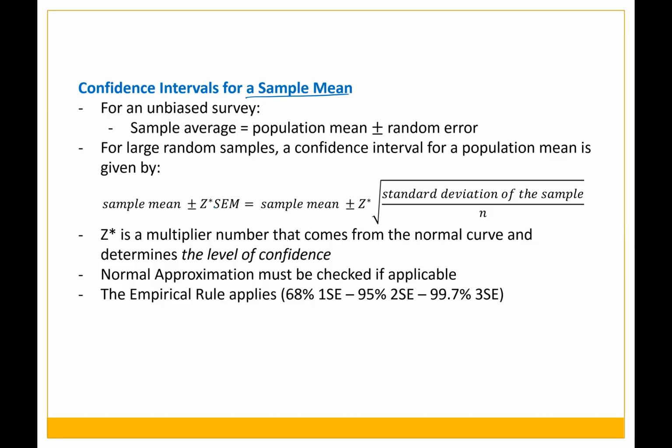Again, z star is a multiplier from a normal curve that goes along with the level of confidence. Again, check the normal approximation, and the empirical rule applies.